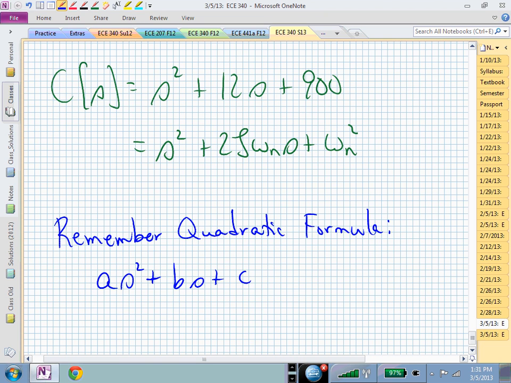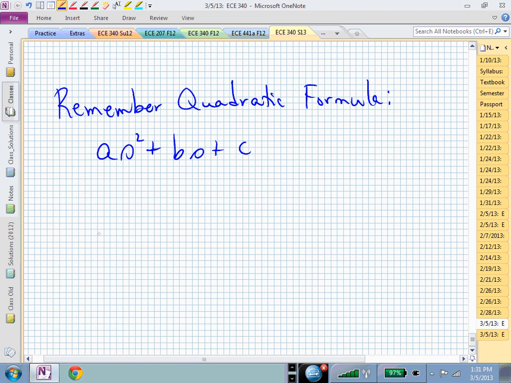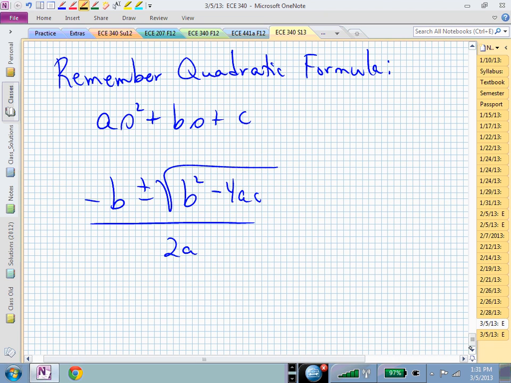Now we have negative b plus and minus the square root of b squared minus 4ac over 2a. When does this give rise to complex roots? When that argument under the radical is negative. If you now take b, square it, and subtract 4ac, and if that gives you a negative number, then you've got complex roots.